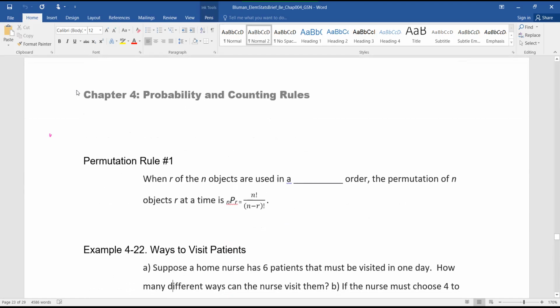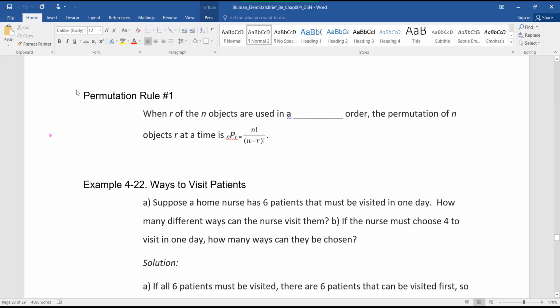Permutation number two: when r of the n objects are used in a specific order, the permutation of n objects r at a time is nPr, which is going to be this.